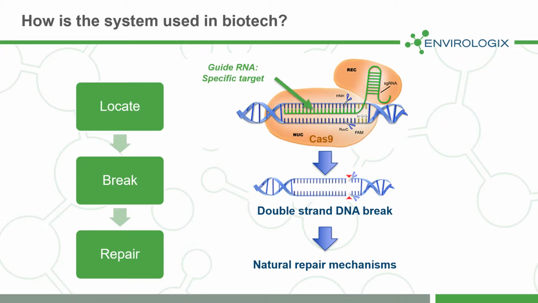It breaks the DNA, and then that DNA is repaired through natural repair mechanisms that exist in the cell. DNA damage, so these types of DNA breaks, occur naturally in the cell all of the time, in all organisms, all types of cells. If we think about something like UV damage from the sun to human skin, UV damage is causing DNA breaks, and then that gets repaired by our skin cells.